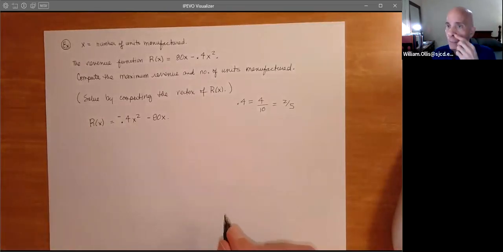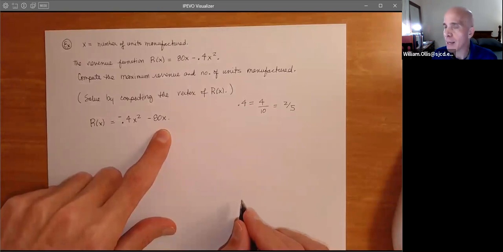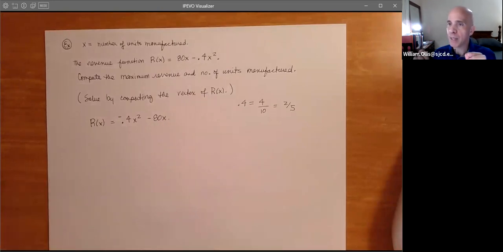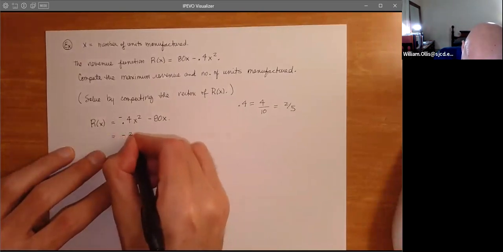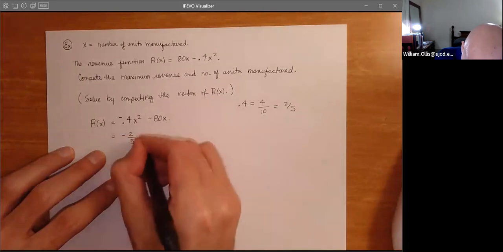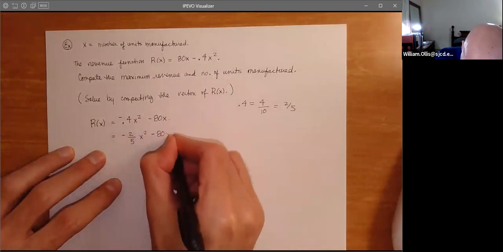So we're thinking, okay, well, we can factor this and use the fact that we don't even have a constant term. So we can find the midpoint of the intercept segments. So let's do it. So now this will give us negative 2/5 x squared minus 80x.